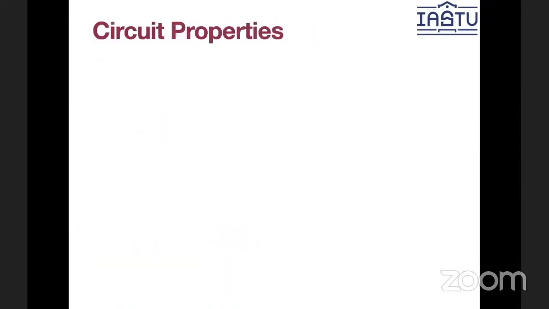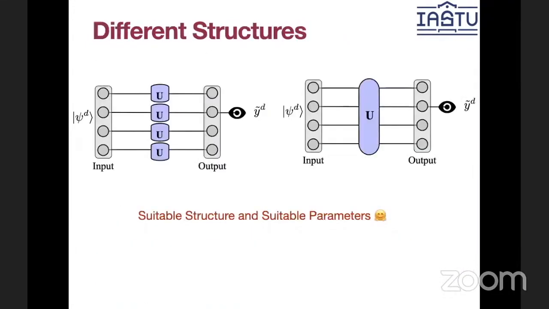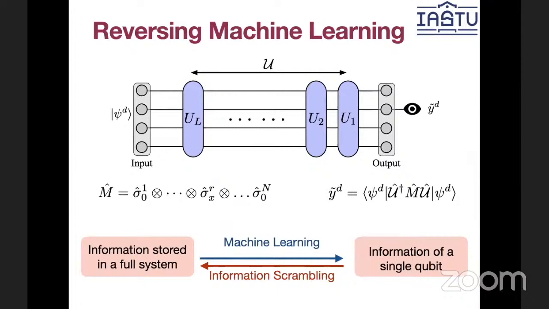For the structure, we just care about the single qubit measurement. So for the readout qubit, we measure its Pauli sigma x, but for the other qubits, we just treat them as the identity. So this is the measurement operator of this quantum neural network.